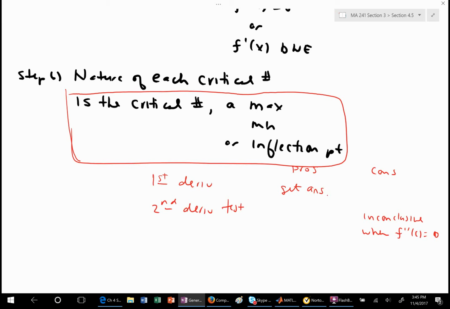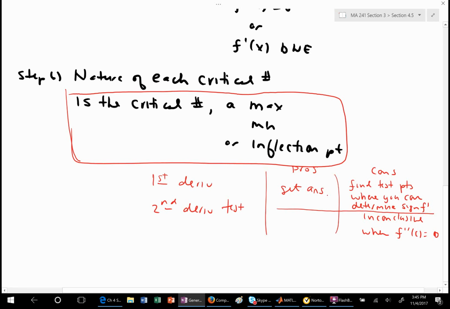So the worst thing that can happen with the first derivative test is that it might be difficult to find test points where you can determine the sign of the derivative, the sign of f prime. Generally, that's not a limitation. But I suppose you could have cases where that could happen.